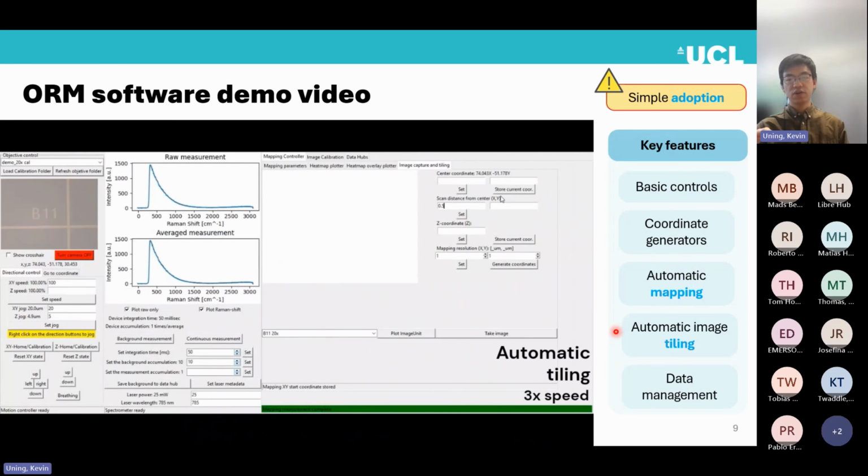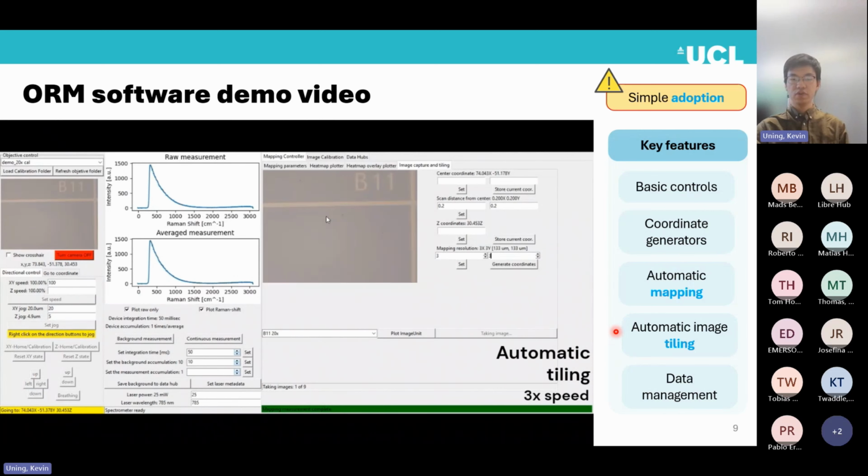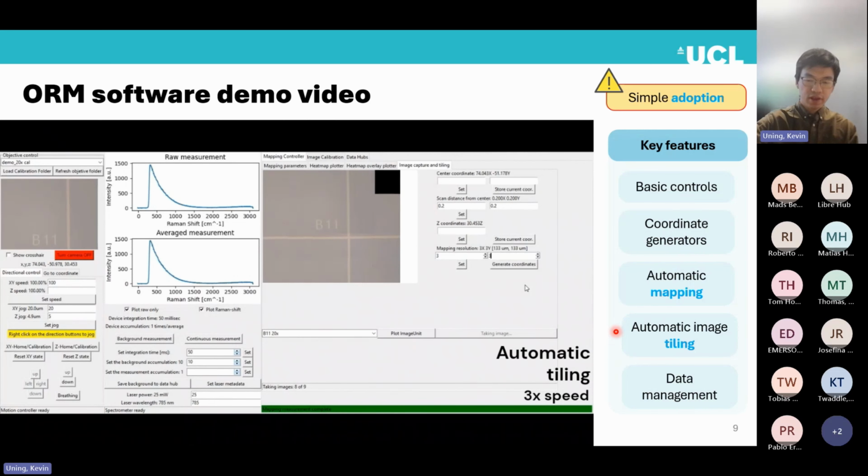Based on these coordinates, the users can then perform automatic mapping as well as automatic image stitching. This is where the user would be able to combine and stitch different images obtained at different coordinates. Oh yeah, and finally, it also has some form of basic data management system at the back.